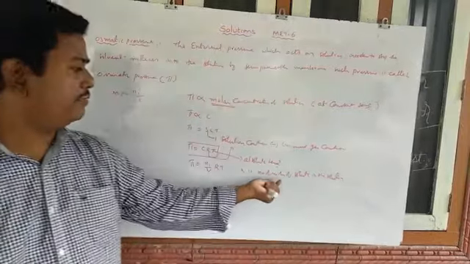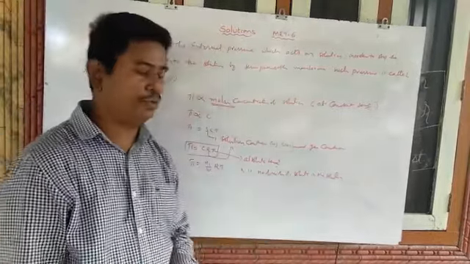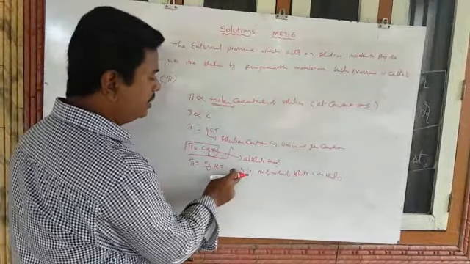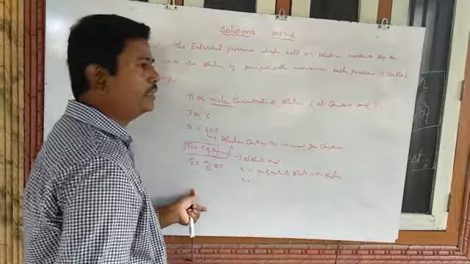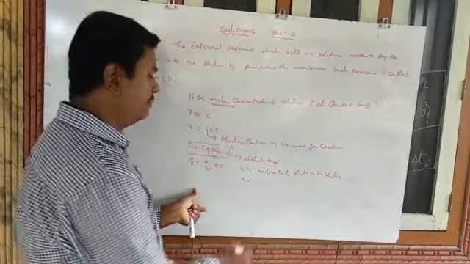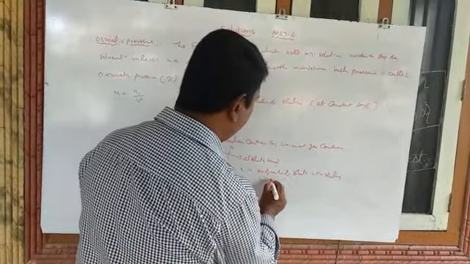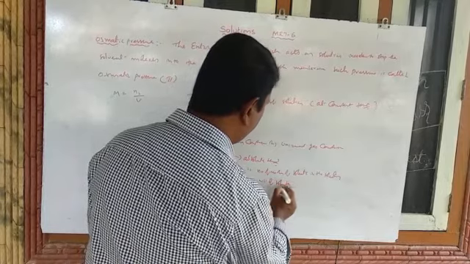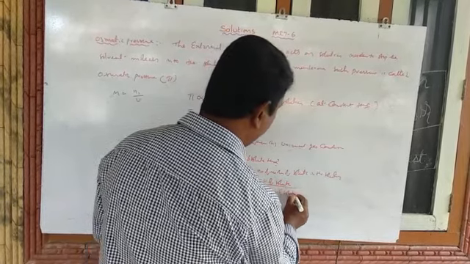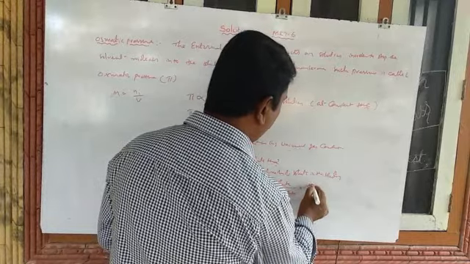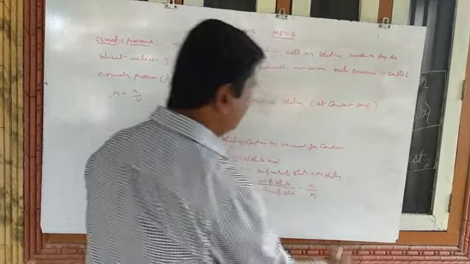N1 is calculated as the weight of solute by the GMW of solute, that is W1 by capital M1.